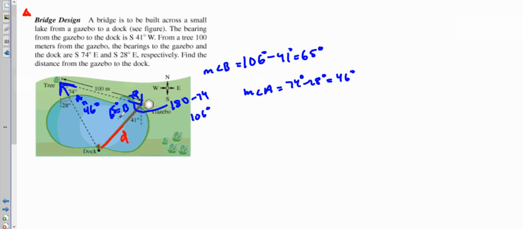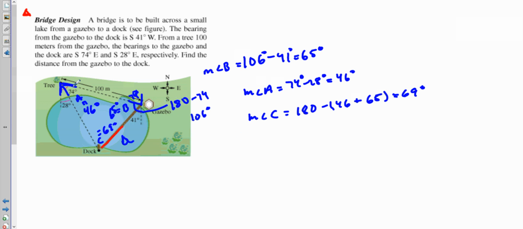Now we'll call this angle C, and this side D, and this A over here. The measure of angle C is going to equal 180 minus the quantity 46 plus 65, and that's going to equal 69 degrees. So now we have all the angles inside.